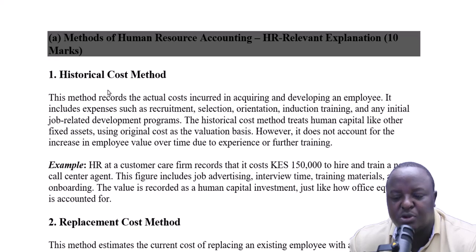Maybe some organizations can hire HR for the purpose of recruitment. Others will hire different services, like hiring a venue to conduct an interview, and such kind of costs up to the time of inducting and training this employee.